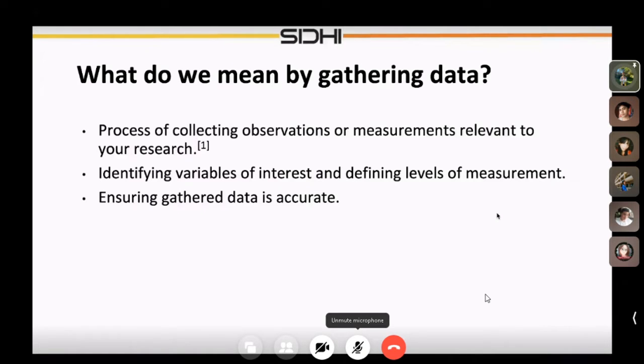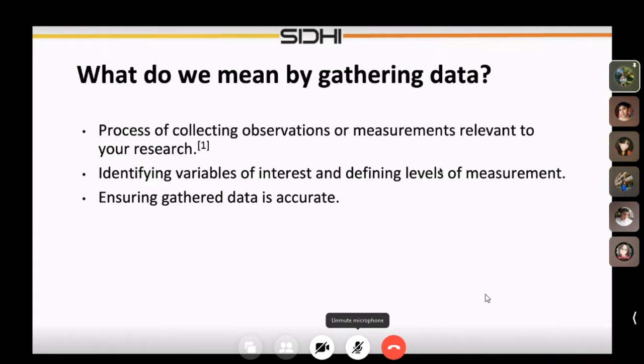Do you also want to take note of the breed or the origin of the flower? If you have a very clear picture, how many petals does it have, and so on. Those are the levels of measurement. The granularity of your data is also part of your data gathering process.